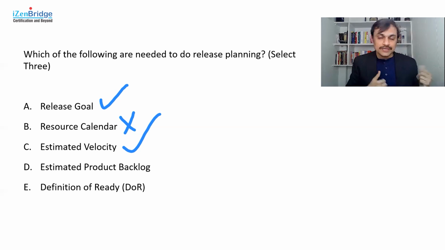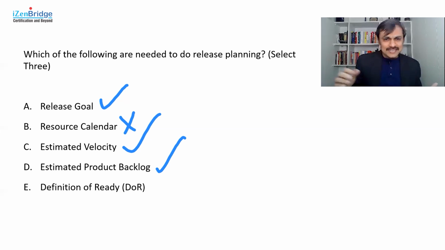Now, 100% of the product backlog may not be estimated at that point in time, because you need to focus on the part which is a candidate for upcoming releases. But a fair amount of product backlog estimation can be a good input for our release planning activity. It's a good thing, unless we have a better option in B.